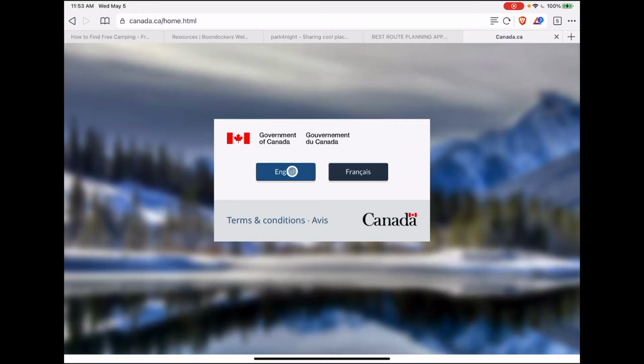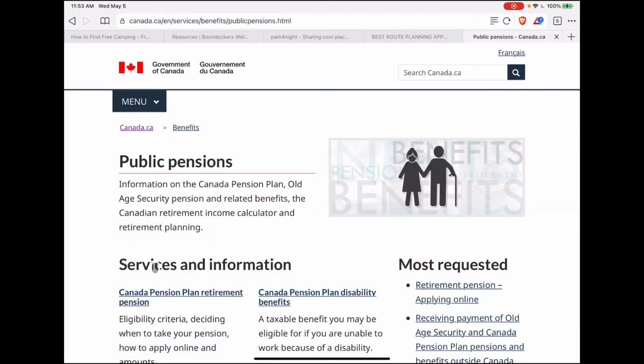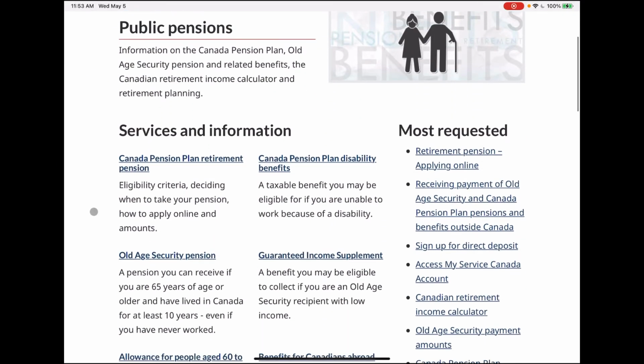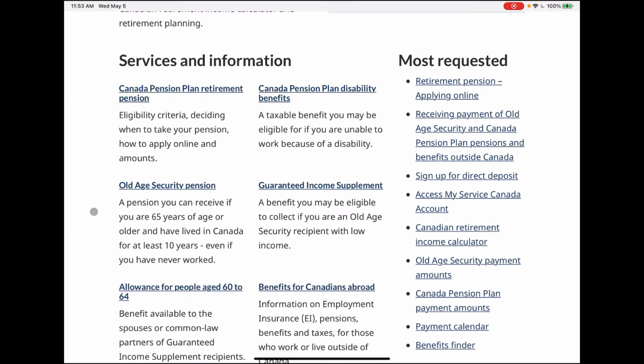So you go to canada.ca, you'll get this screen here asking for a language. Click that. Click here, public pensions, and then we can scroll down and you can see a whole bunch of choices here. So let's go to Canada Pension Plan Retirement Benefit, which would be CPP.